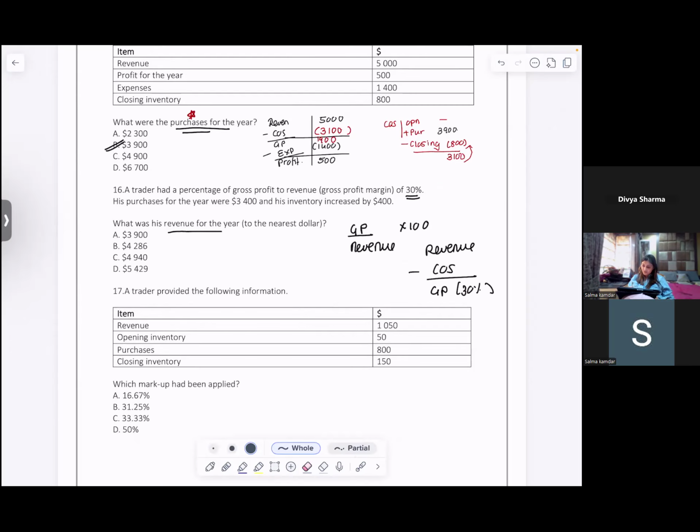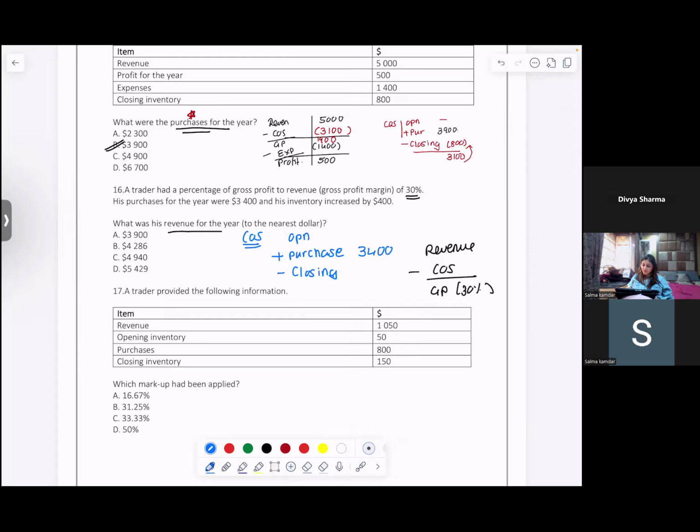How will I find the cost of sales? Cost of sales is opening plus purchases minus closing. Purchases is 3,400 and inventory has increased by 400.